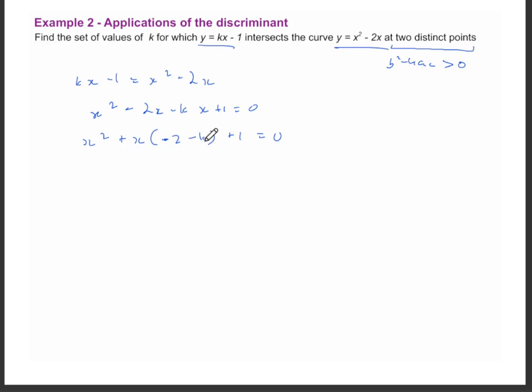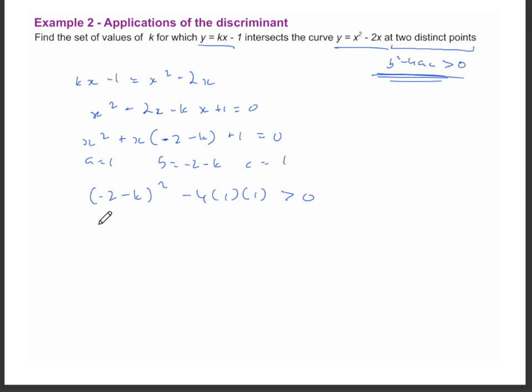And we can say a equals 1, b equals negative 2 minus k, and c equals 1, where here we want b squared minus 4ac to be greater than 0. So negative 2 minus k, squared, minus 4 times 1 times 1, greater than 0.